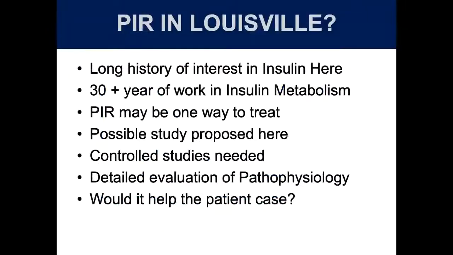We also, as you know, have a long history of insulin metabolism here. One of the world centers, and there's expertise in the mathematics department here about metabolism of insulin. So we think it would be great, and there is interest in funding a study in Louisville.